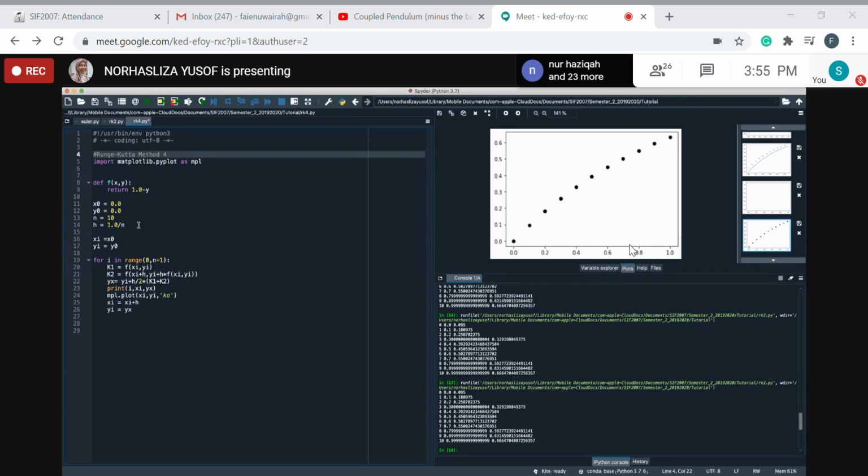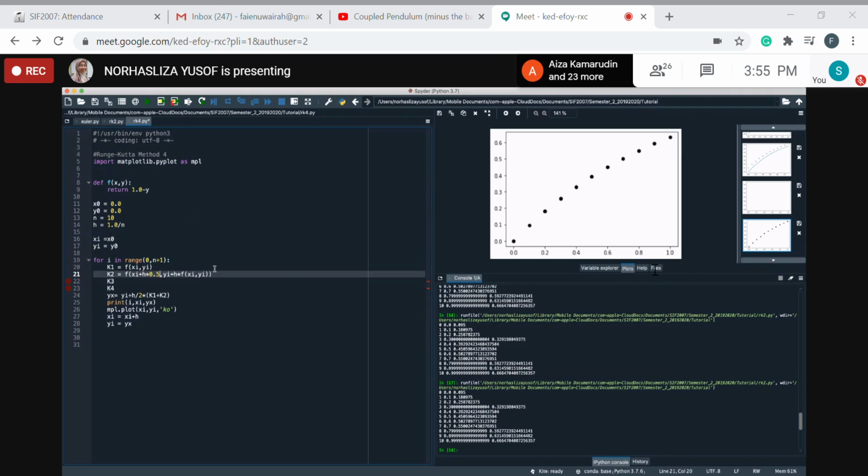So for RK4, we have another K3 and also K4, right? So again, we take a look at how this K1 is, is it the same? K1 is f(x_i, y_i), K2 is x_i plus h over 2. You can do it like this.